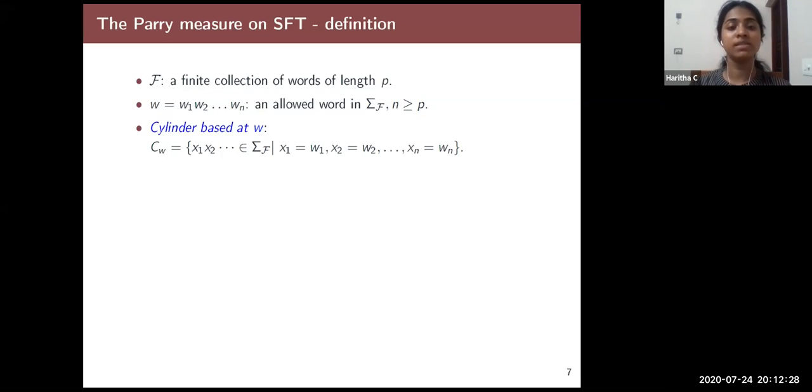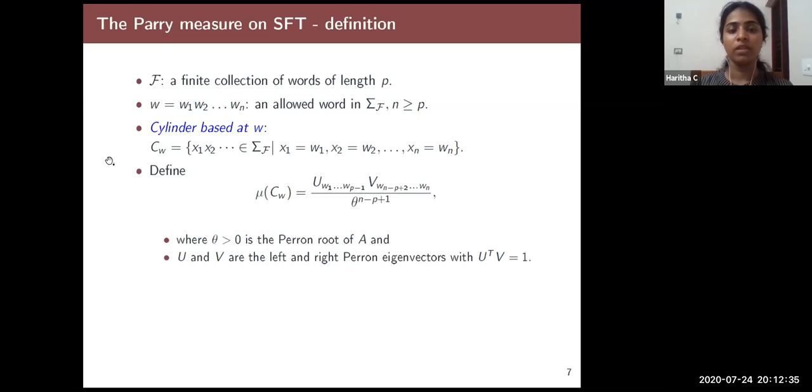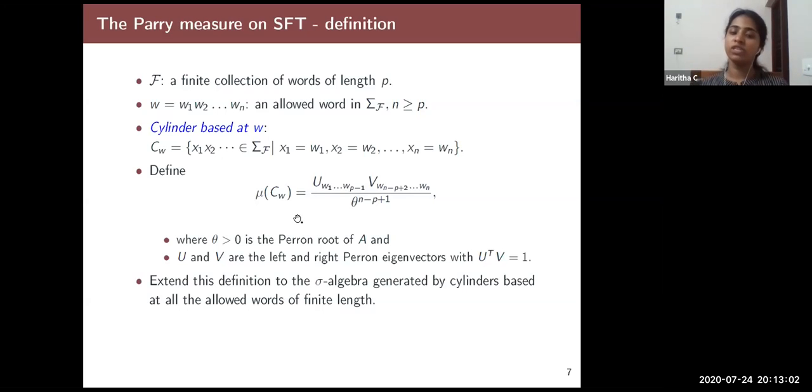Then the cylinder based at W is a subset of sigma, consisting of all the sequences that start with the word W. Then you define this Parry measure on this cylinder as u suffix, the first p minus 1 entries of W, times v suffix, the last p minus 1 entries of W, divided by theta raised to n minus p plus 1, where theta is the Perron root and u and v are the left and right Perron eigenvectors with u transpose v equal to 1. You extend this definition to the sigma algebra generated by all possible cylinders.